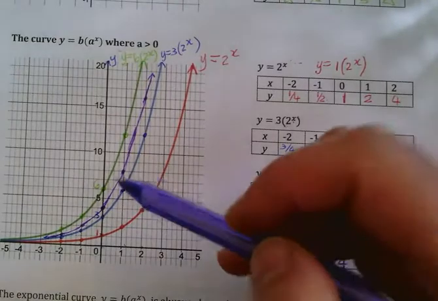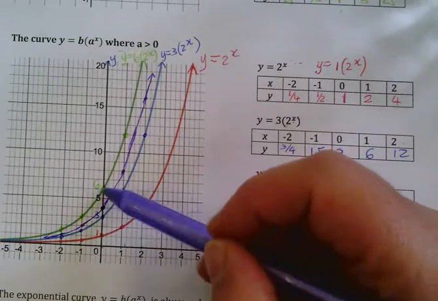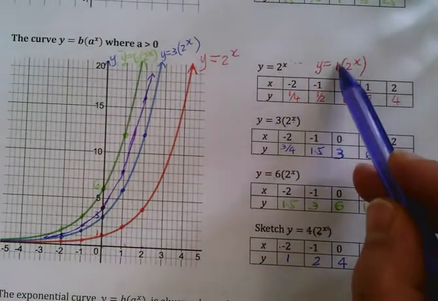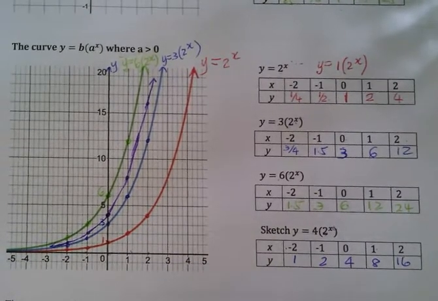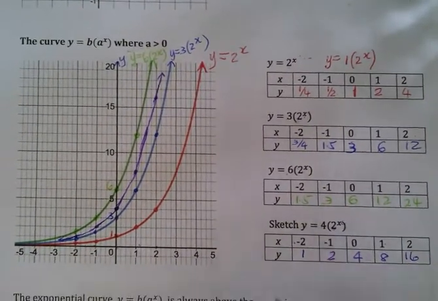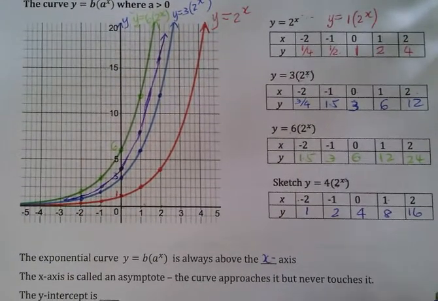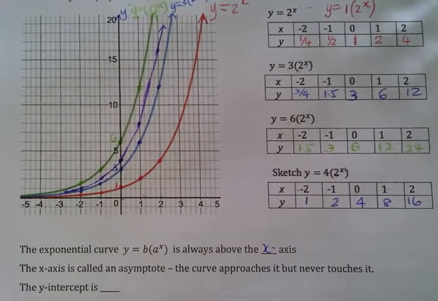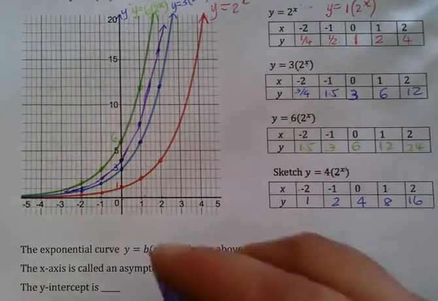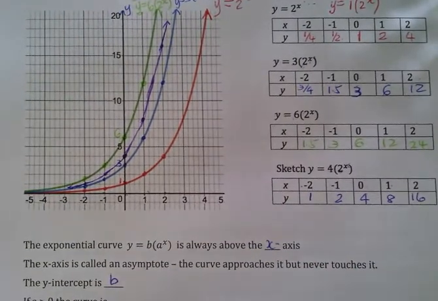And as we multiply it by a bigger constant, the shape changes a bit, but it cuts through whatever value of b that you've got here at the front. So the exponential curve, y equals b times a to the power of x, is always above the x-axis. The x-axis is called the asymptote down here because the curve approaches it but never touches it. The y-intercept is always b, whatever the value of b is.